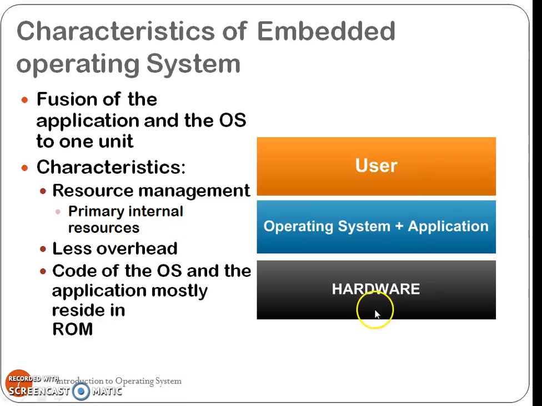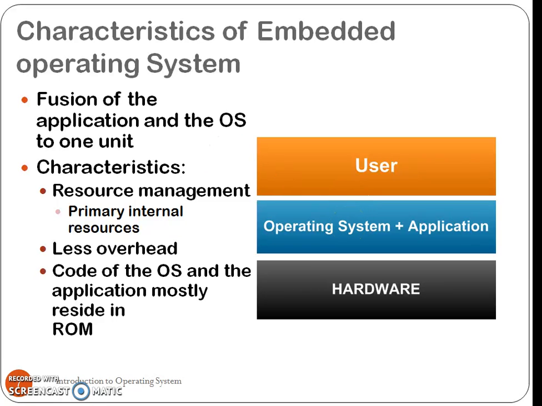So between the user and the hardware, operating system is running, but in this operating system we have added some particular application or applications, which is called an embedded operating system. So fusion of the application and OS in a single unit is called an embedded operating system.